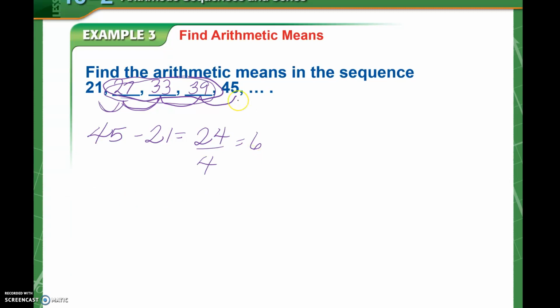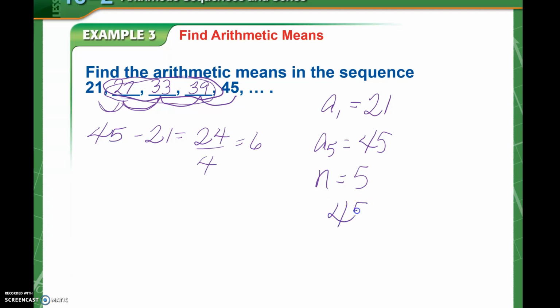Okay, and we always talk about that there's always more than one way. This is kind of reasoning it out and understanding what's going on and using that reasoning. Total great method. We can also continue with our equation. We know first term a1 is 21. We know the fifth term is 45. So in this case, if we use that fifth term, our n was 5.